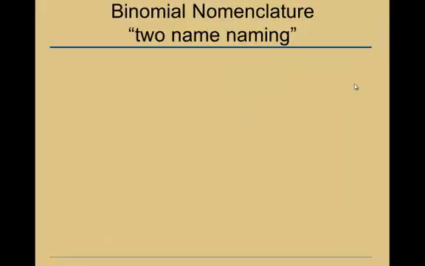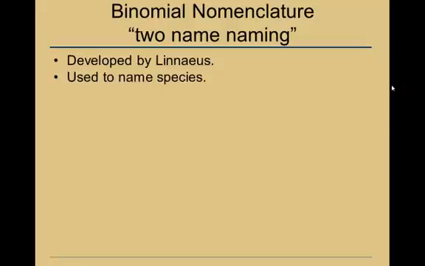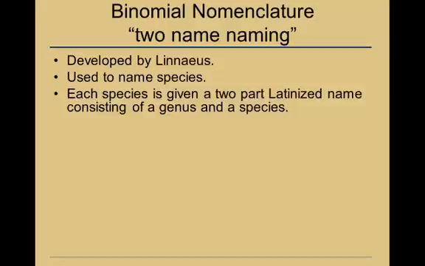Now, a real important idea to remember in the context of taxonomy is binomial nomenclature. That literally means two-name naming. It was developed by Linnaeus, and it's used to name species. Every species is given a 2-part Latinized name consisting of a genus and a species.